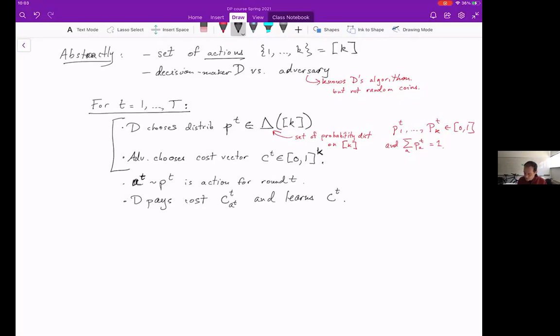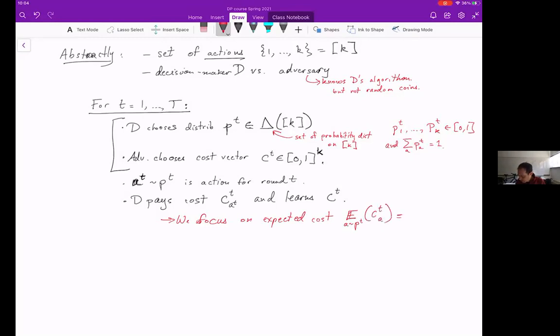One thing to notice is that conditioned on those first two steps, it's often useful to look at the expected cost, and that's indeed what we'll focus on. That's the expectation over an action chosen according to p_t of the cost of that action.